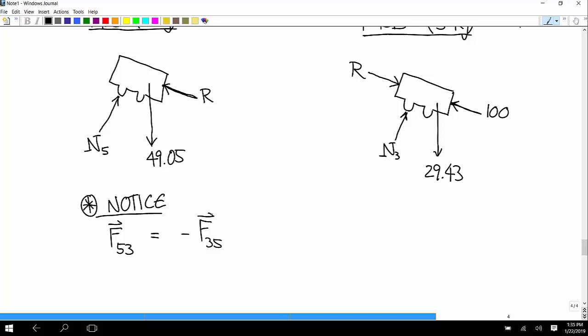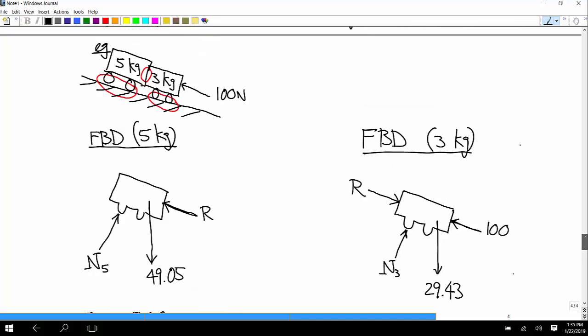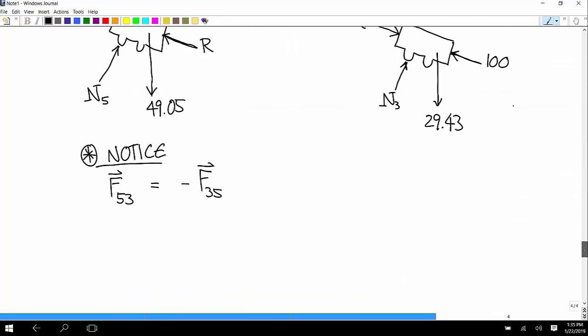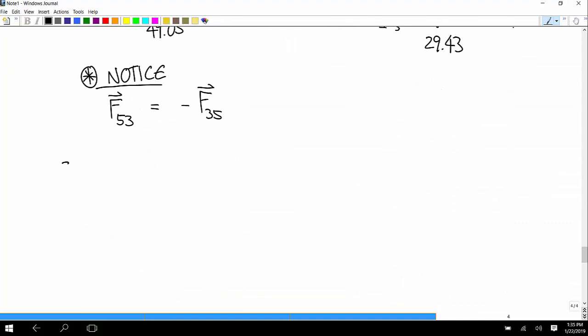Any questions about that? And then the last type is friction contact.